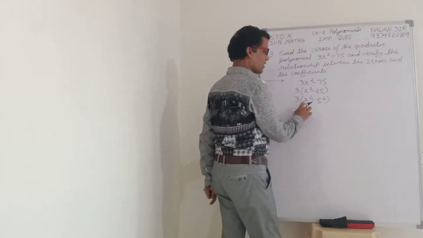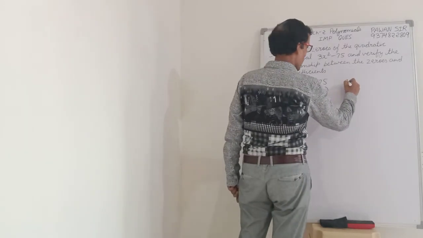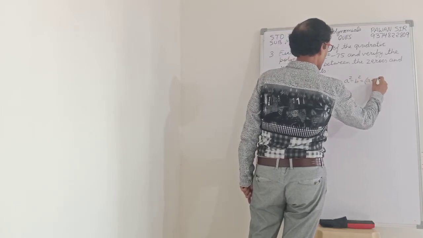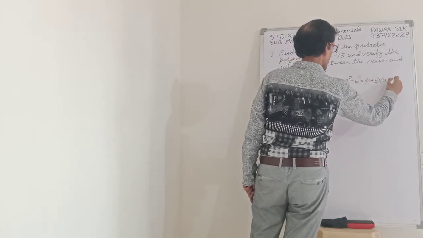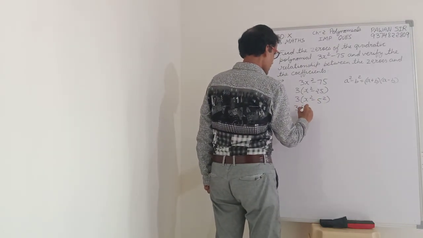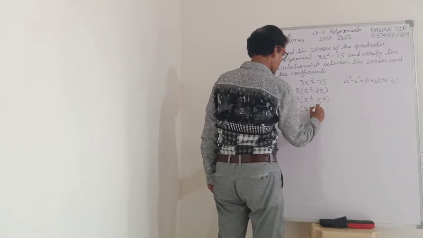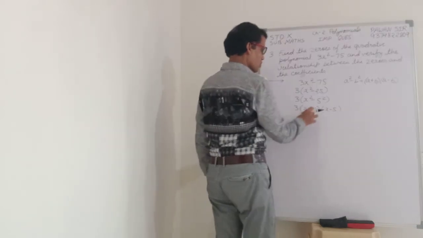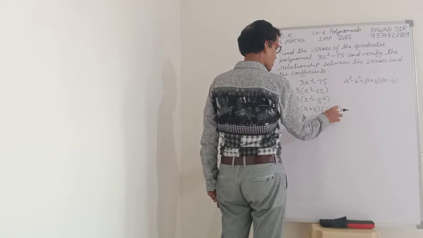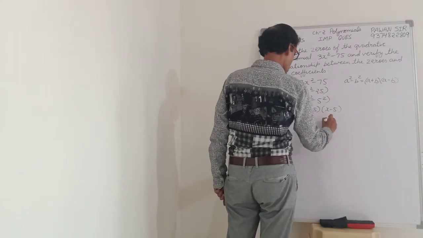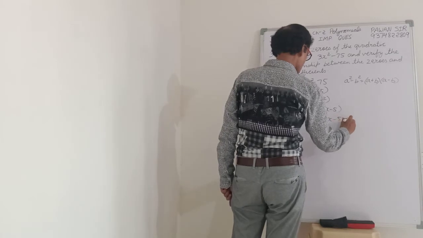Now use the identity a² - b² equal to (a + b)(a - b). By using this identity, this can be written as (x + 5)(x - 5). To find the zeros, put each factor equal to 0: x + 5 = 0, x - 5 = 0.